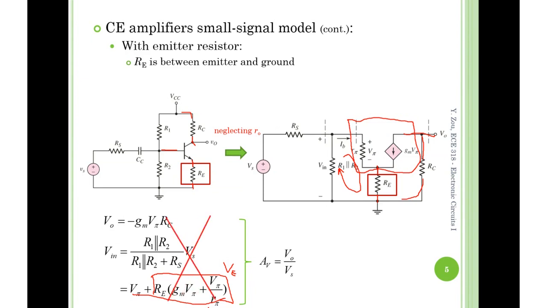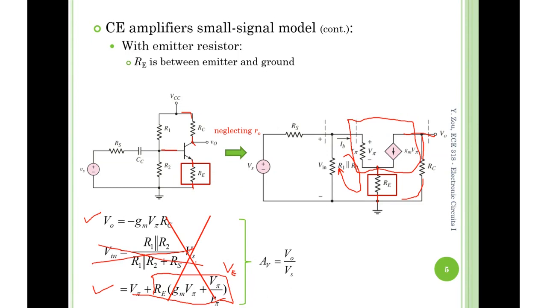First of all, the voltage output equation is correct. This V in equals V pi plus VE is correct as well. However, your voltage divider is wrong. Kevin was right on this.